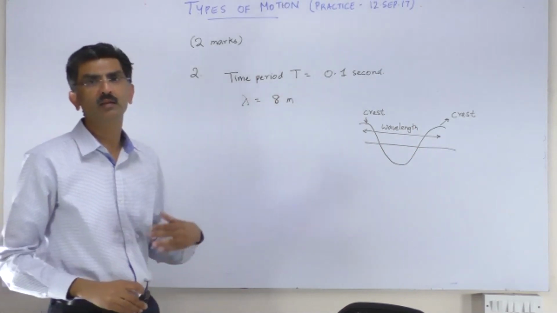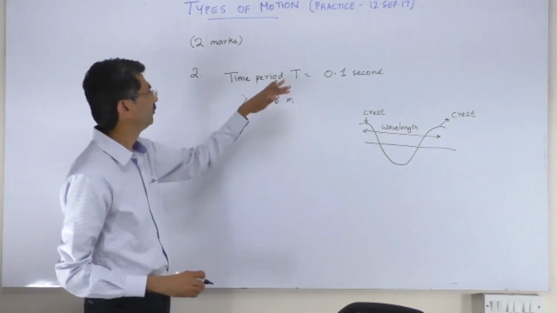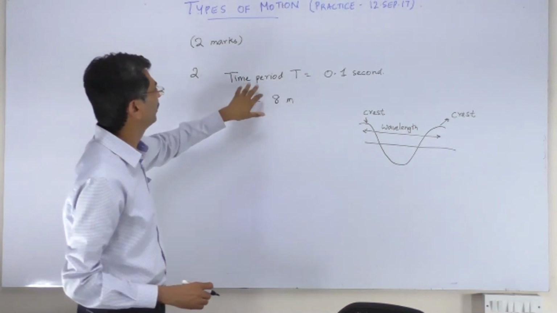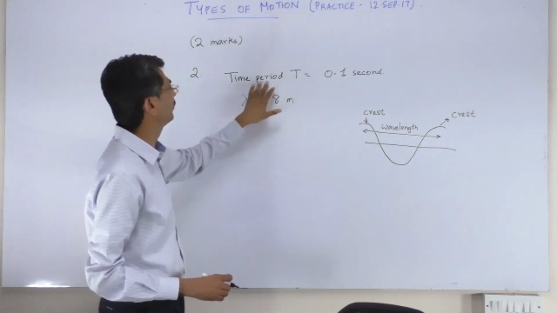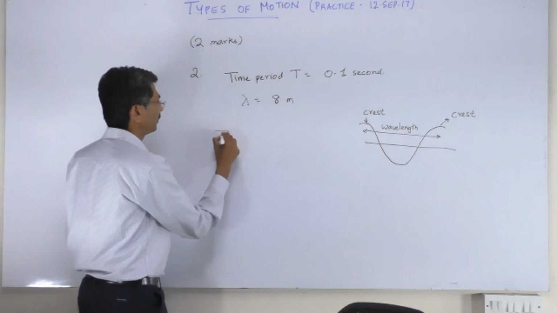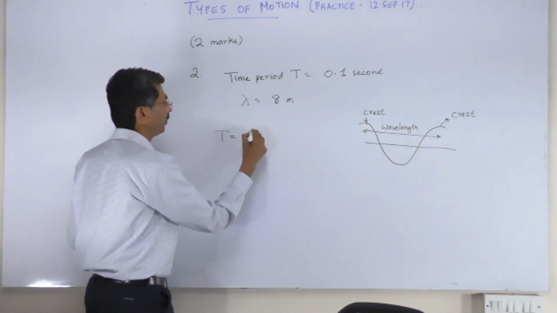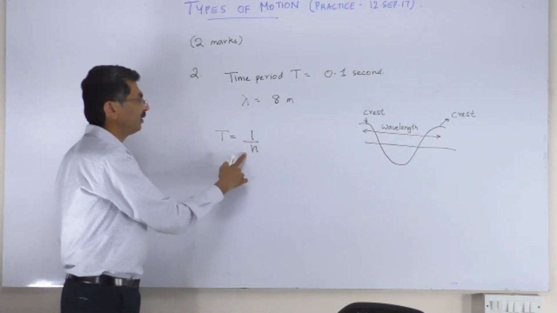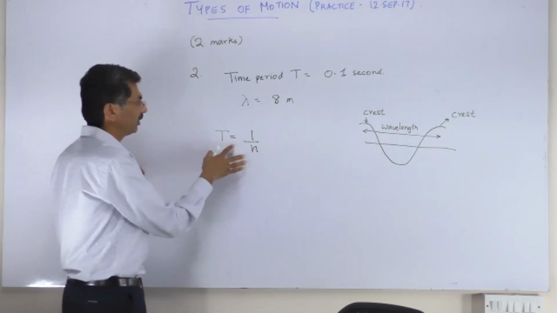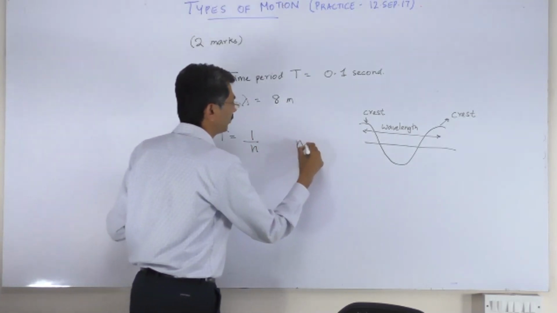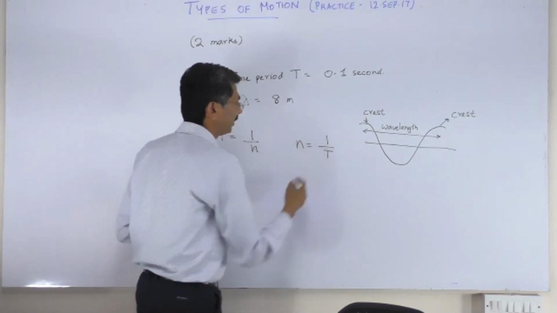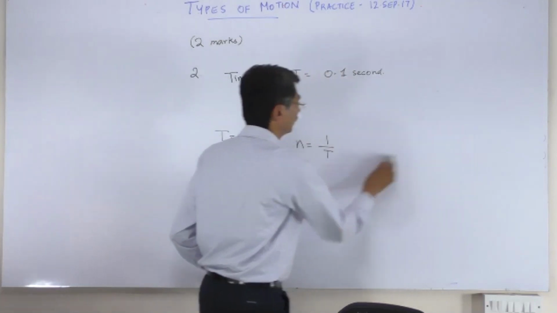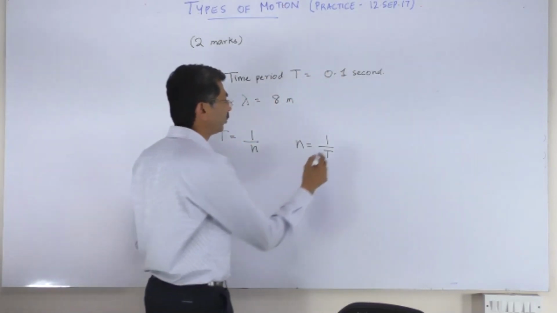In order to calculate the velocity of the wave, we will need frequency and wavelength. But it is not the frequency that is given, it is the time period. So we use the relationship T is equal to 1 by N. T is the time, N is the frequency, and we want frequency. Interchanging the two, you get frequency is equal to 1 by time period. And the time period has been given in this question. The time period is 0.1.